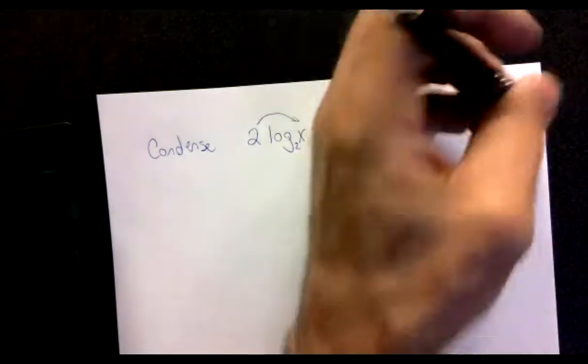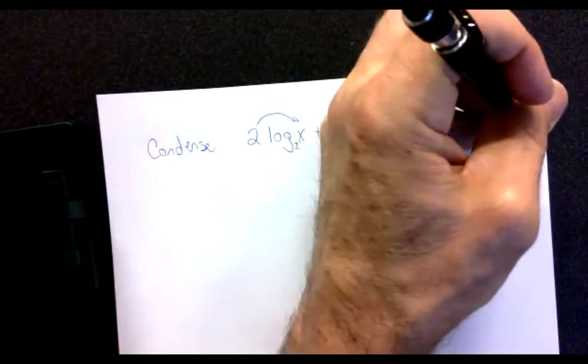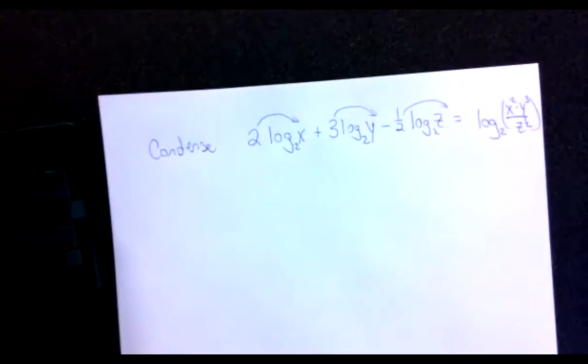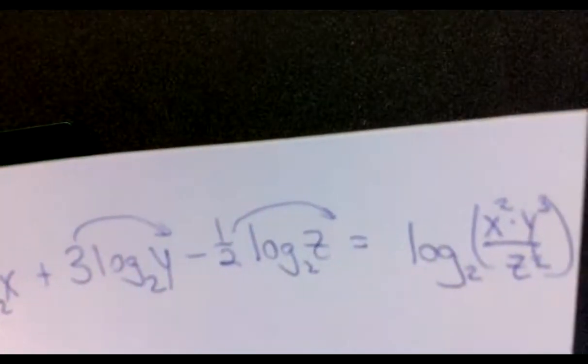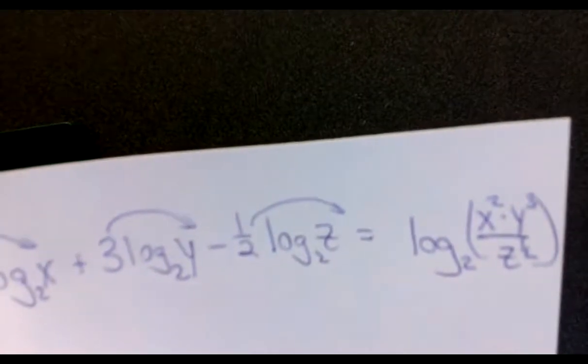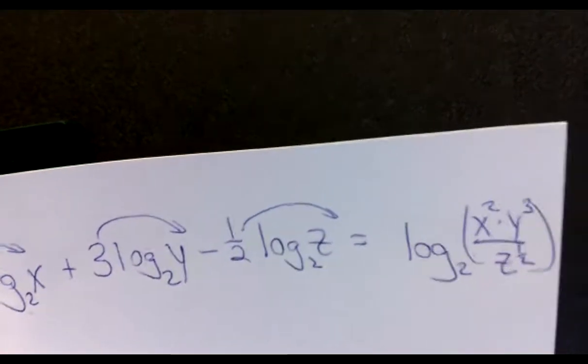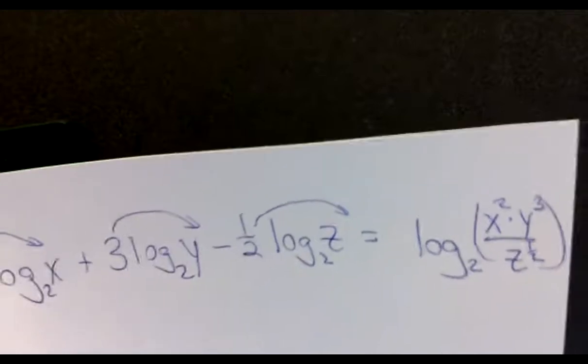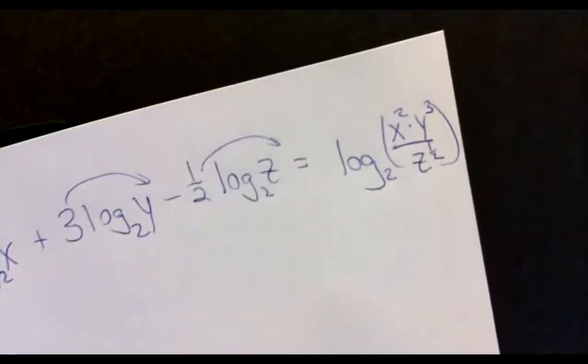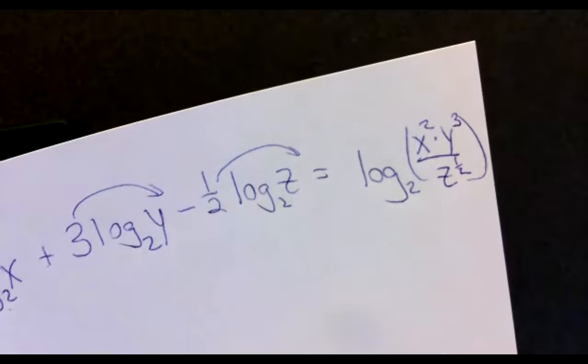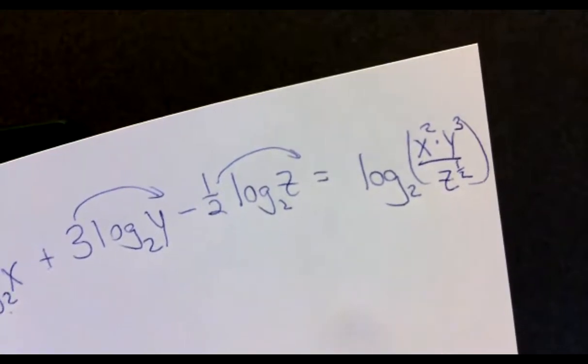And then minus becomes division. So minus or divided by z to the 1/2 power. So again, that'll be the log of x squared y cubed over z to the 1/2 power.